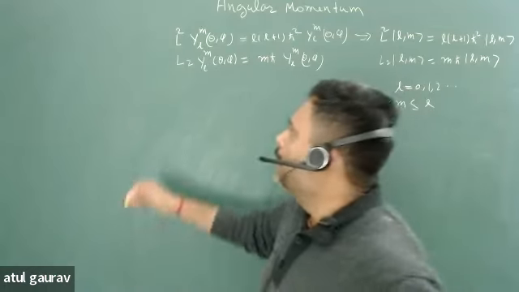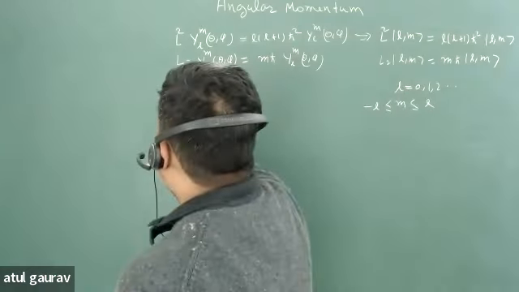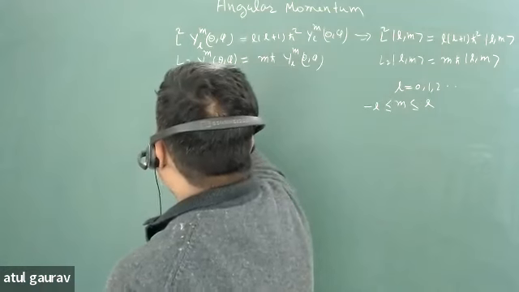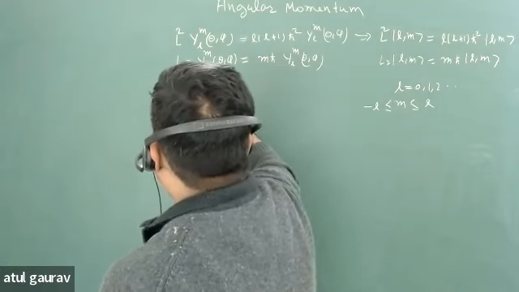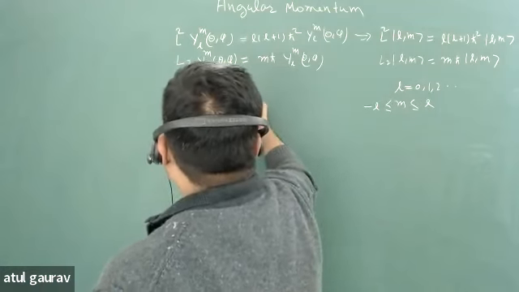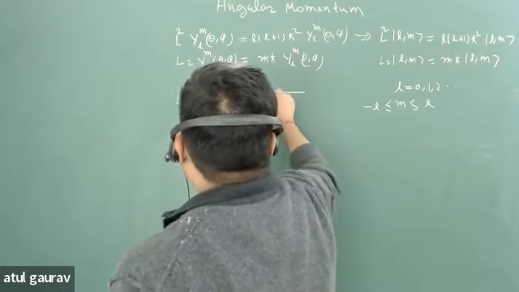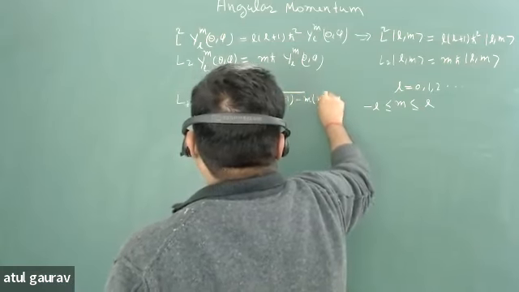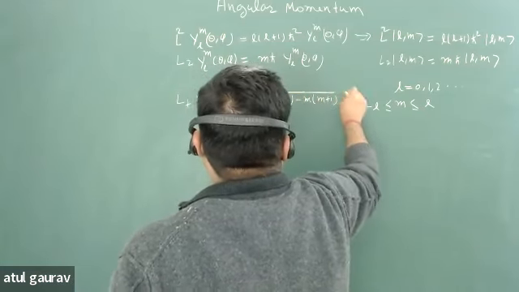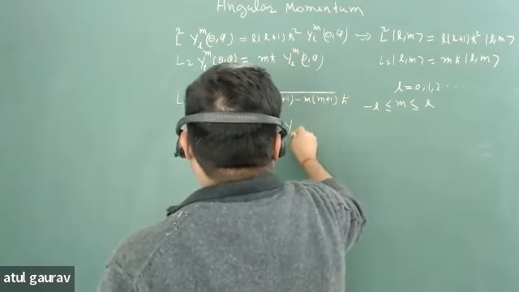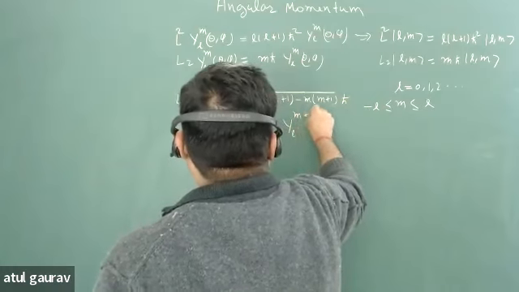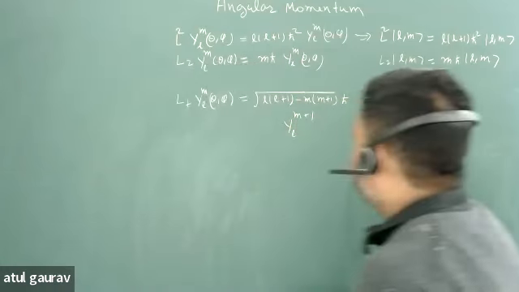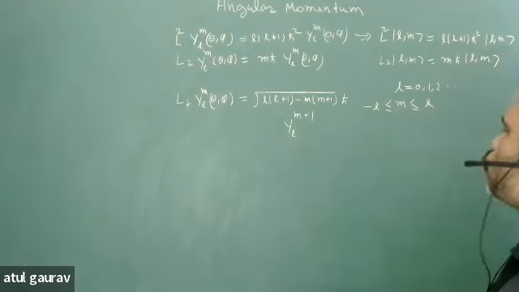So we have an L plus operator, and this L plus operator will operate on Y_lm(theta, phi). That value is equal to square root of L into (L plus 1) minus M into (M plus 1) h cut, and you have Y_l,M plus 1. This was it, right? Remember last class?